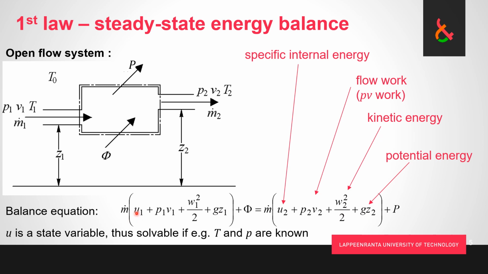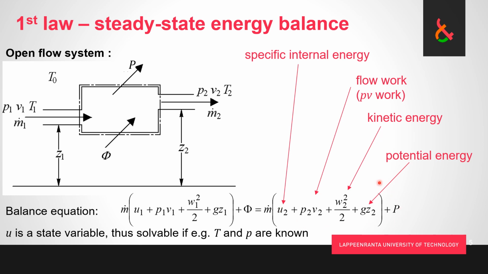And now, when we look at this, for example, this lowercase u, that's a state variable, specific internal energy. So once we know pressure and temperature, we can look up from the table or look at the chart to see what value that will take as a function of the two other state variables.